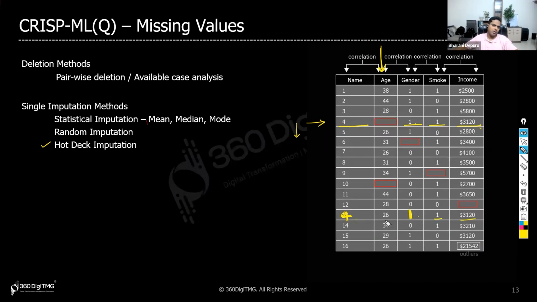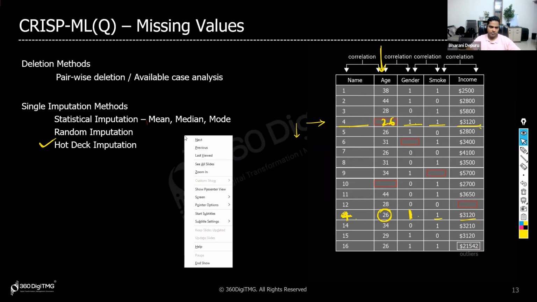So all the values are matching. Since all the values are matching, you take this 26 and replace the missing value here with 26. This is one variant of hot deck imputation.